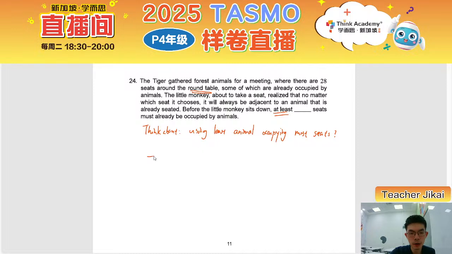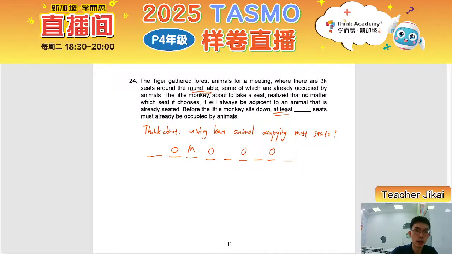For example, we have seats 1, 2, 3, 4, 5, 6, 7, 8. We have 8 seats. Here we see an animal, here an animal, here an animal, and here an animal. So we have 5 vacancies, and no matter where the monkey sits, it is always adjacent to one animal, right?